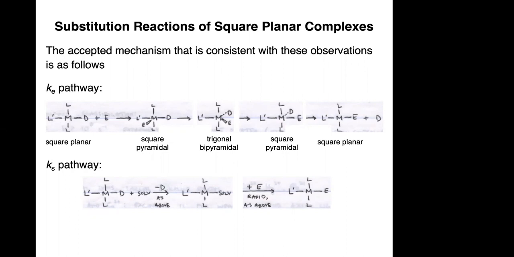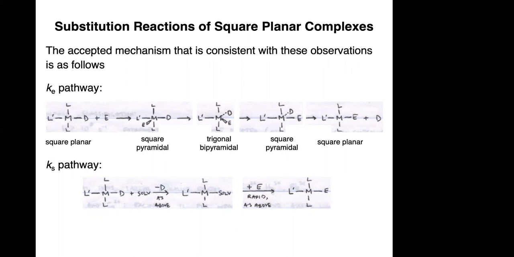And of course, for this pathway to be significant, we need the first step in this pathway to be the rate determining step, right? And so here E would then coordinate apically, form a square pyramidal complex, and the same mechanism as in the KE pathway would lead us to the final product of the reaction.